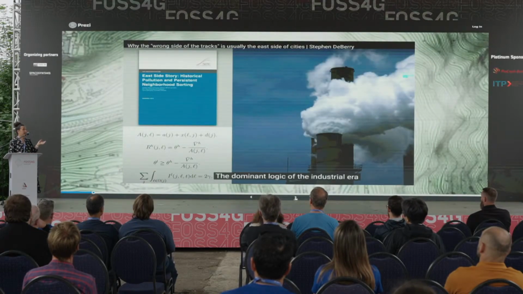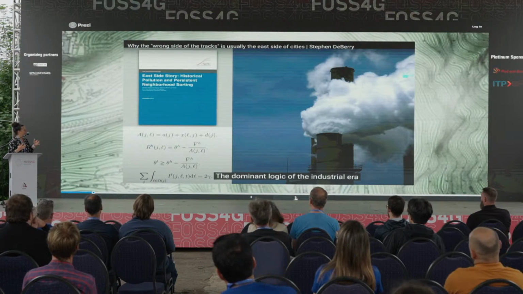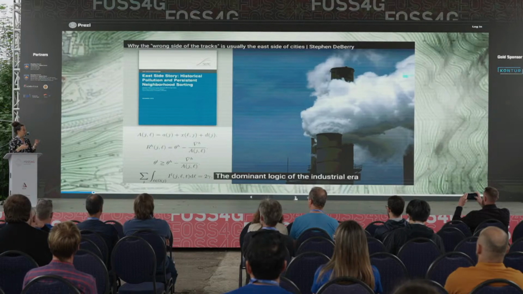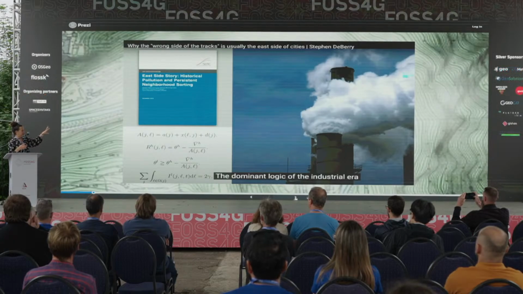And in 2016, I think, there was this story of the East Side Story. And they went in and they put math behind it. They did a statistical analysis because they really could pick up smokestacks using satellite data. So they did all these mathematical figures here, and the paper is also available.